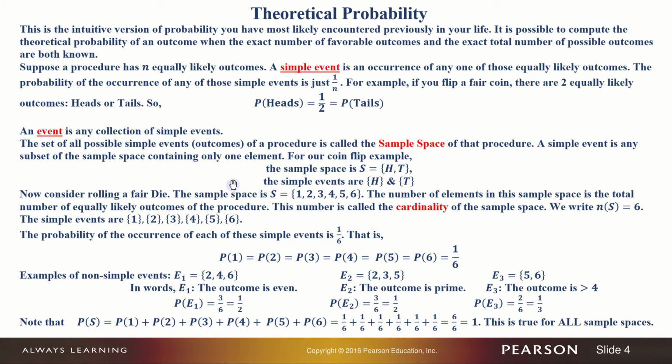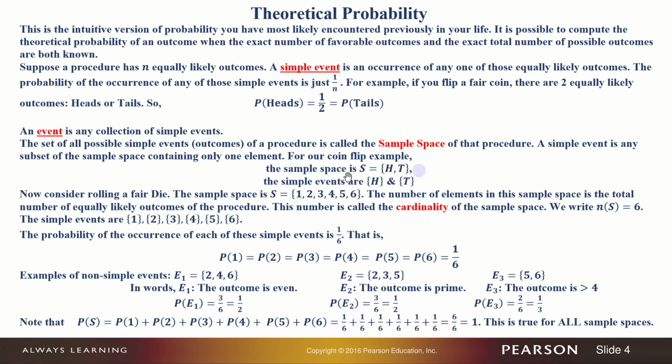Now, I will look at some examples. I'll make that very clear. So first of all, this set of all possible simple events or outcomes of a procedure is called a sample space of that procedure. A simple event is any subset of the sample space which contains only one element, right? In other words, one simple event in it.